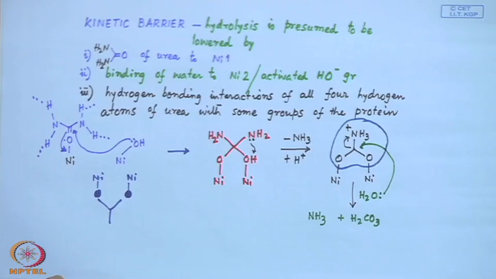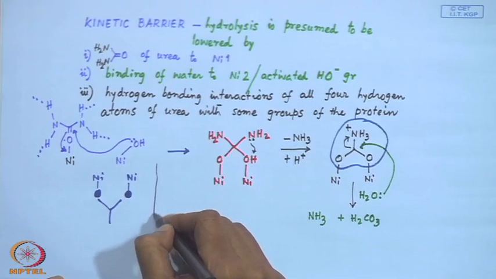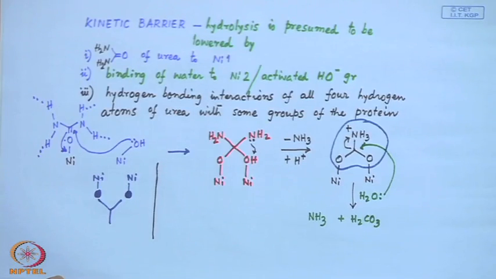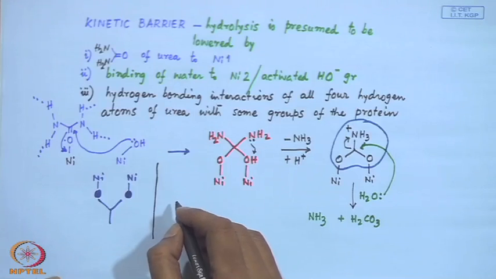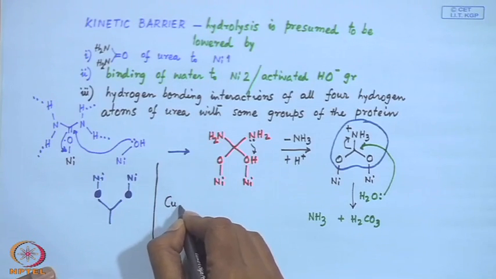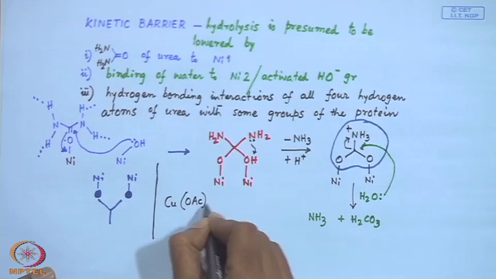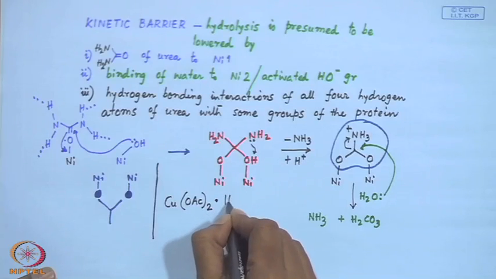Because the enzyme is a very big molecule, if we talk about some model chemistry or synthetic chemistry related to this, we can think of copper acetate, a very standard and well-known example.